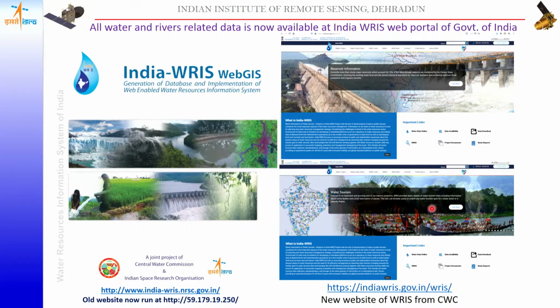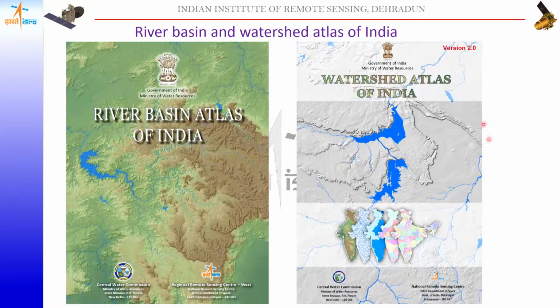Now full technology transfer has been given to the National Water Informatics Centre, NWIC, and all the surface water near real time data is being made available live on the WRIS website. And all the atlases, river basin atlas, watershed atlas, are available.